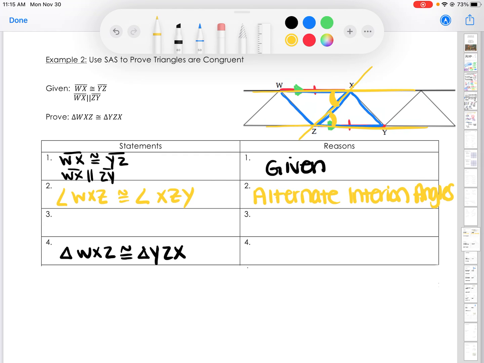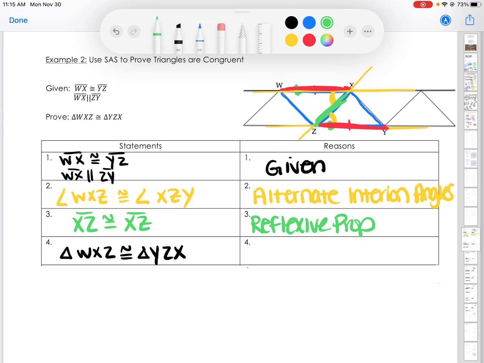Okay, so we have a side. We have an angle. What would be really nice is to have the side on the other side of the angle. So this side in between. Okay. So we would love to say that XZ is congruent to XZ, and actually we're allowed to say that using the reflexive property.